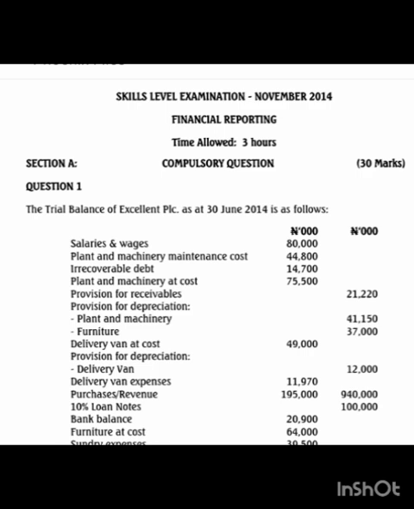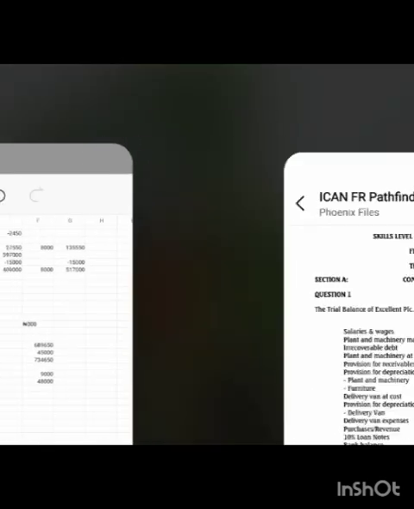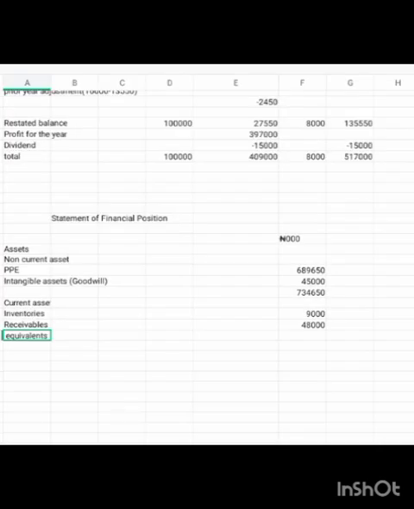So it will now be our 20,900 minus 10,000, that is interest on loan. That will give us 10,900.